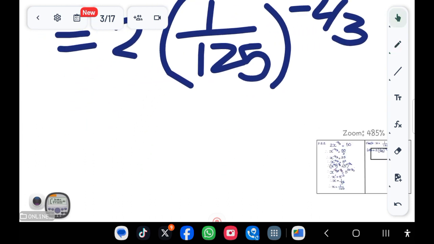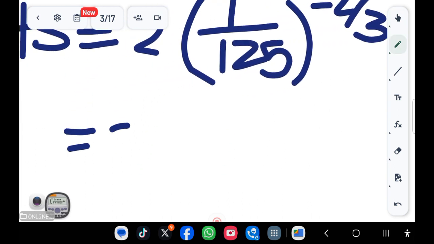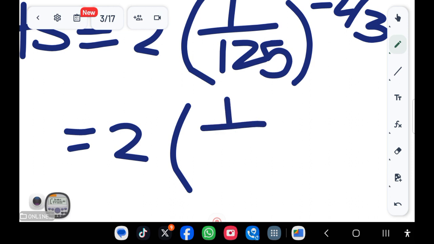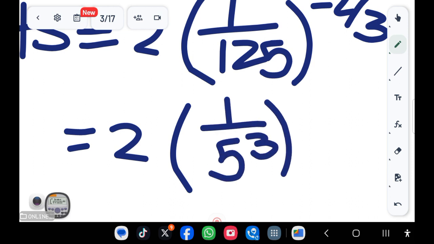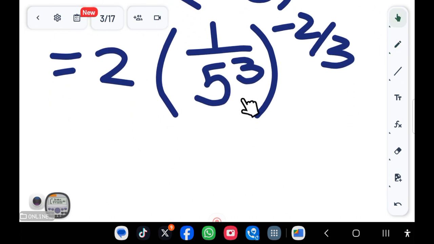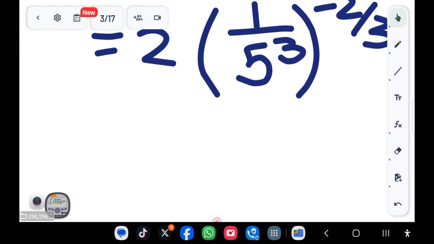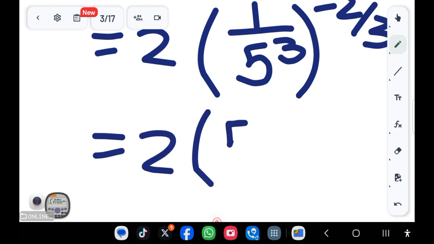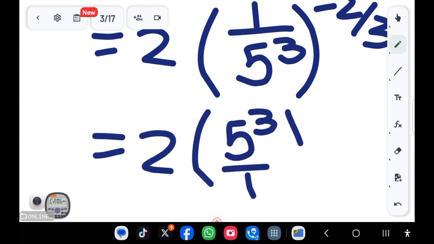We know that 125 is 5 to the power of 3, so that will be 2 in brackets, 1 over 5 to the power of 3, all to the power of negative 2 over 3. Now we flip this upside down: 5 to the power of 3 over 1, and that becomes a positive 2 over 3.